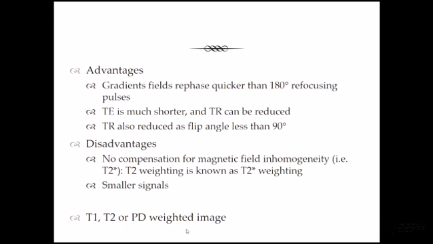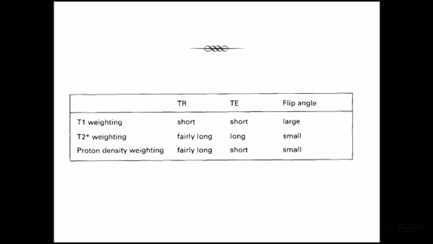We can still weight our images towards these T1, T2 and proton density weighted. And again, these are the parameters which will allow us to create T1, T2 or T2 star or proton density weighted images using a gradient echo technique as opposed to a spin echo technique. So again, we're looking at short TR, short TE.